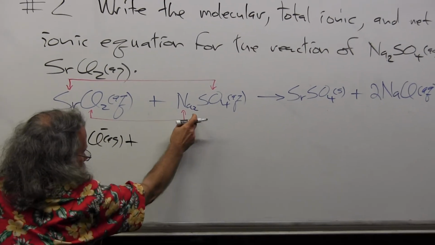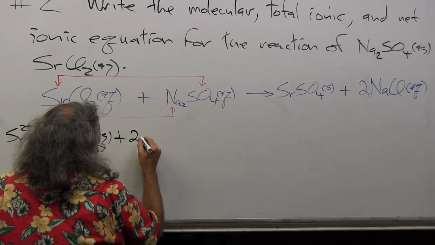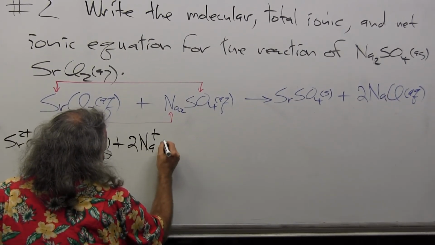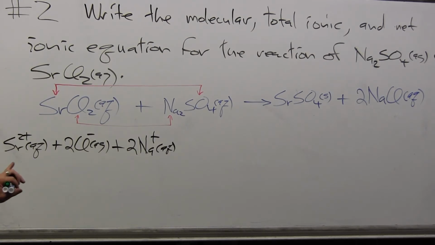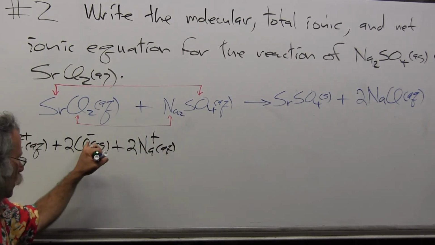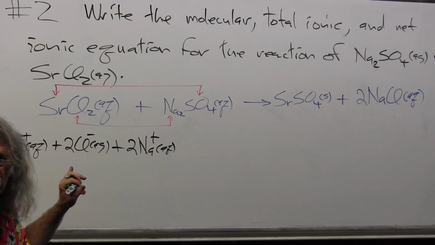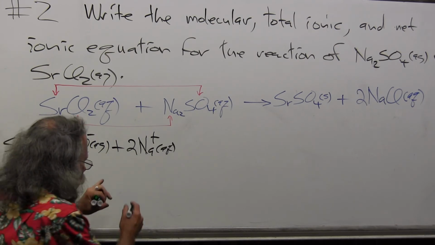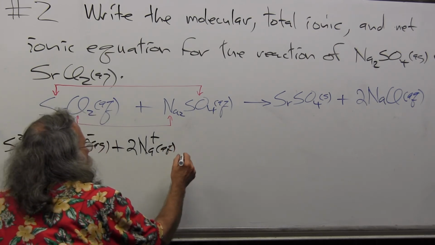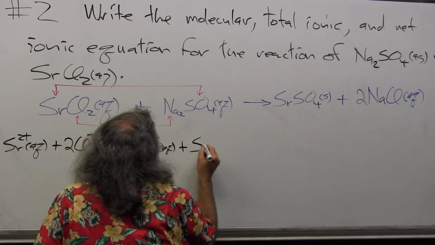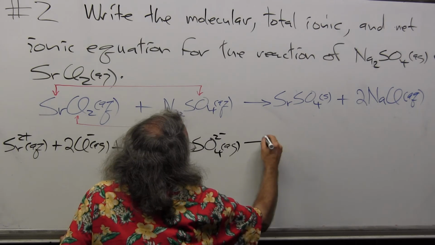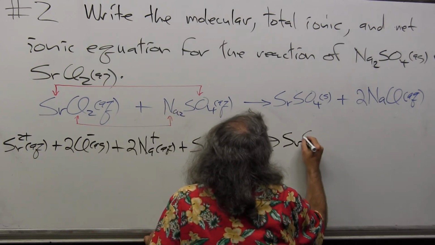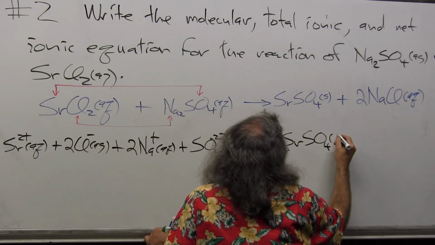Now the sodium sulfate, again, I have 2 sodium plus 1 charge. And in the case of a +1 or a -1, the 1 is omitted by convention. So I've got 2 sodium plus aquated, plus sulfate, SO4 2- aqueous, going to strontium sulfate, solid.